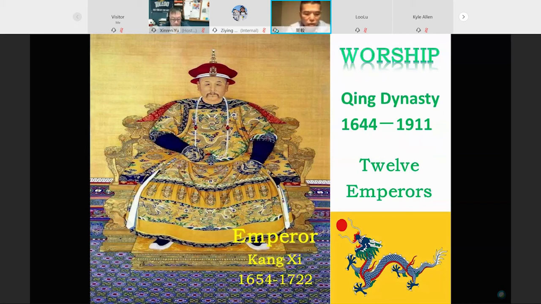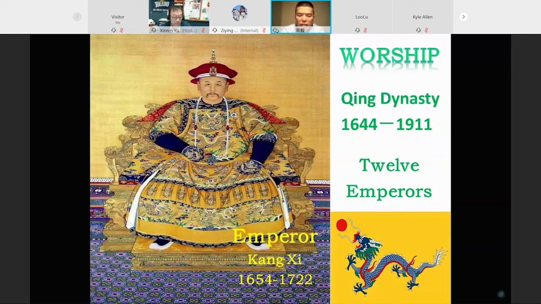So the legendary story of the Yellow Emperor, and all the emperors followed the Yellow Emperor, and they all called themselves the incarnation of the dragon.